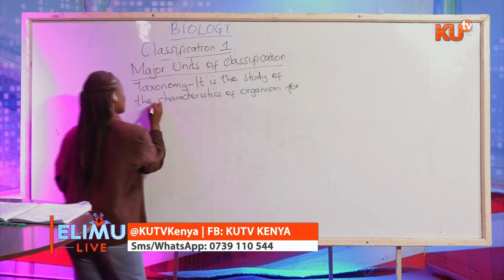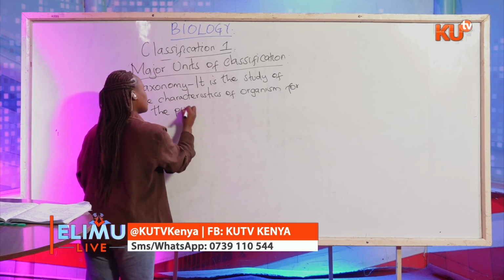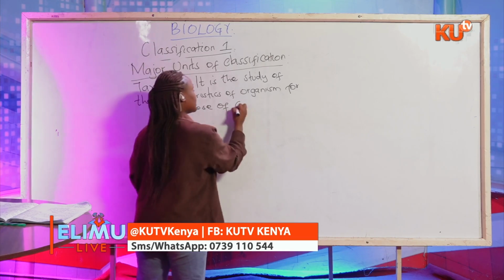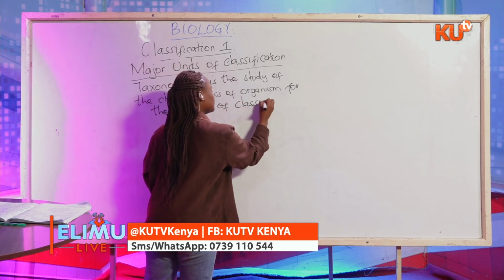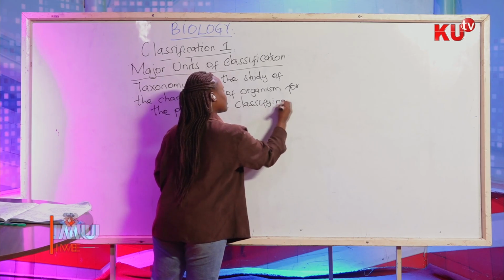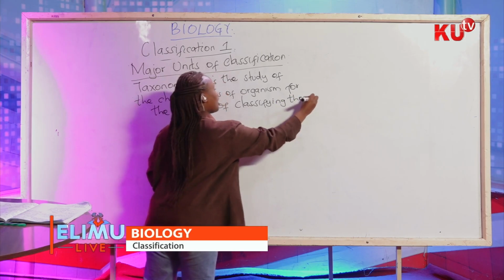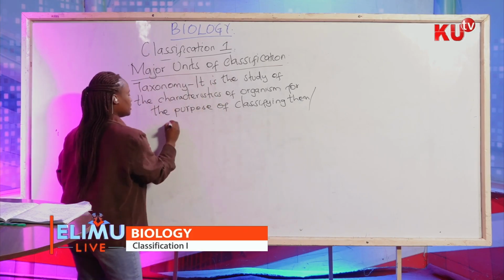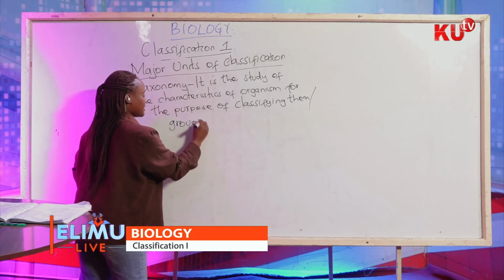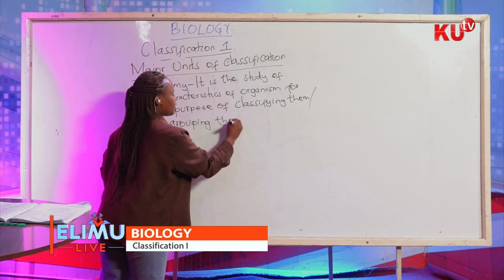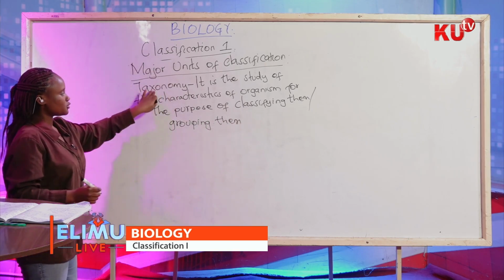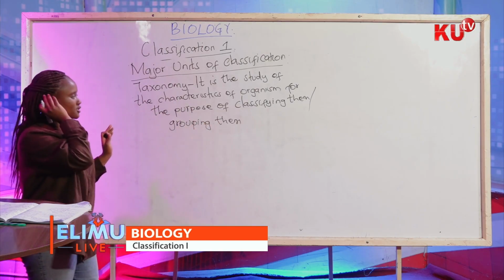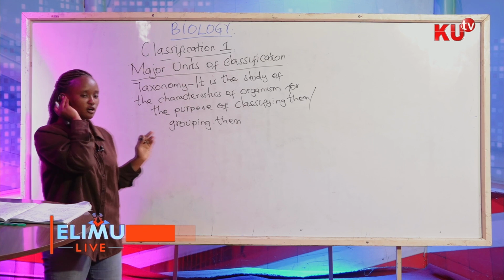Taxonomy is the study of the characteristics of organisms for the purpose of classifying them or grouping them.